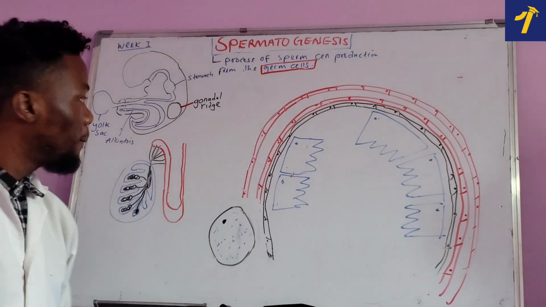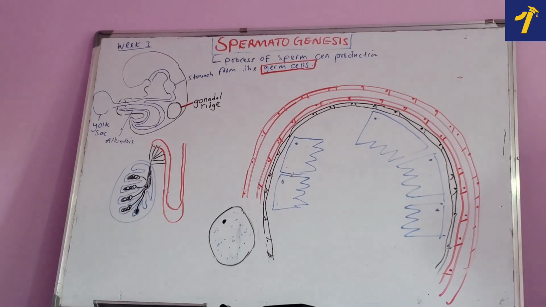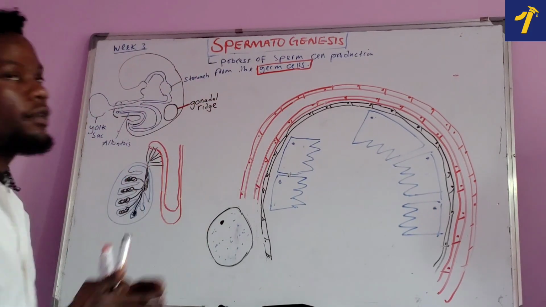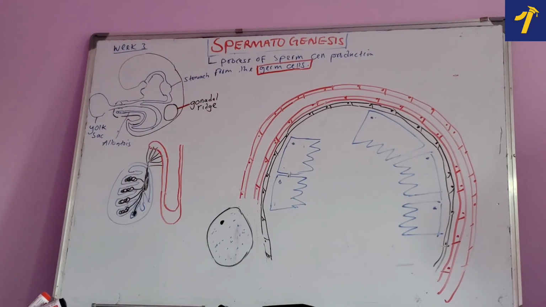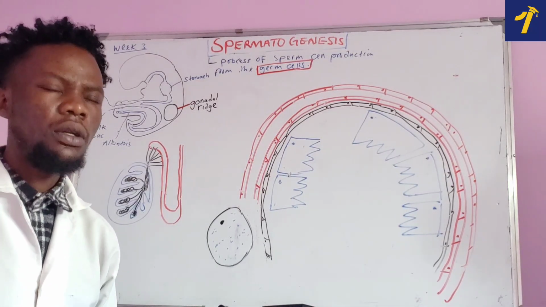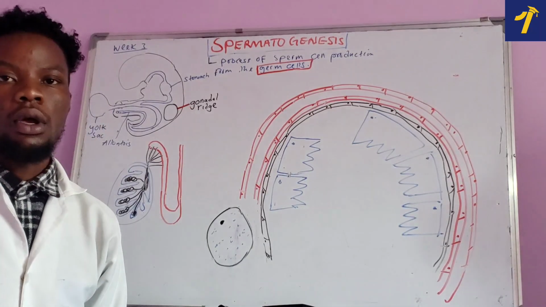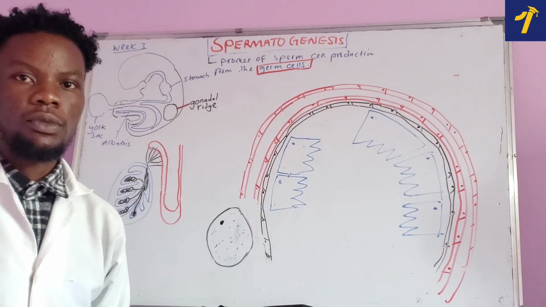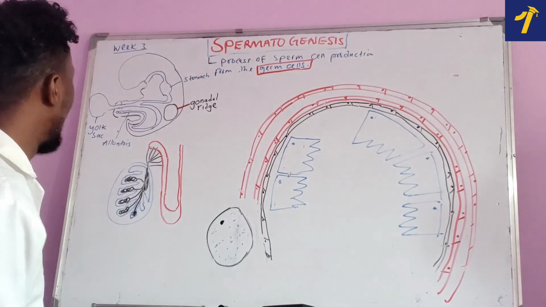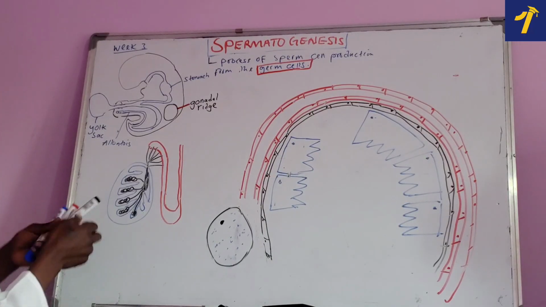All right. So now, let us look at what happens. Where can you find these germ cells in the fetus? And what is the special name for those germ cells? Because we've got a lot of germ cells. We call them primordial germ cells. So let us name them.